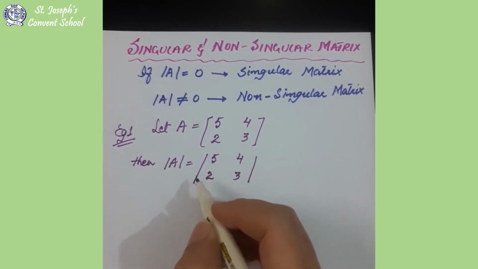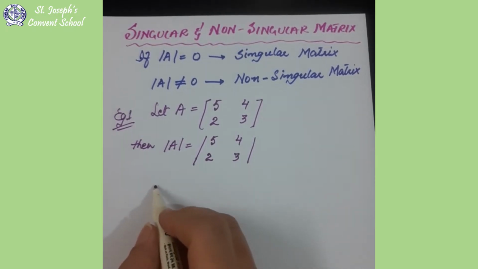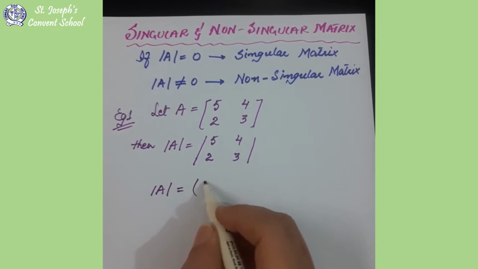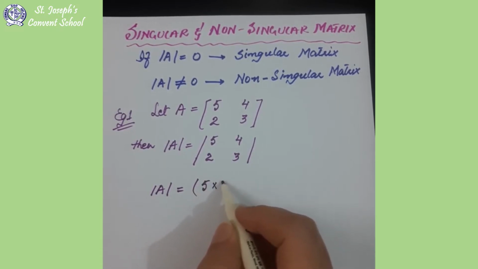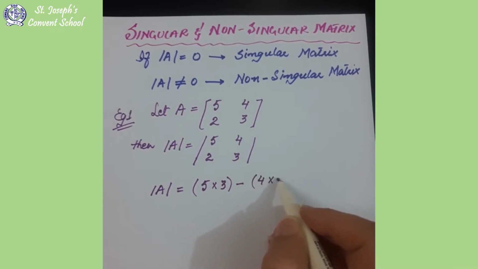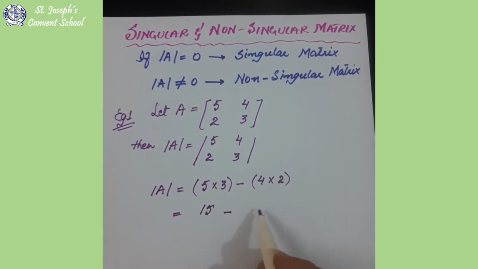Now you can calculate the value of determinant A. It is equal to, first and last, 5 into 3, minus sign, second into third element, 4 into 2. So 5 into 3 is 15 minus 4 into 2 is 8. So subtract, determinant of A is 7, right?